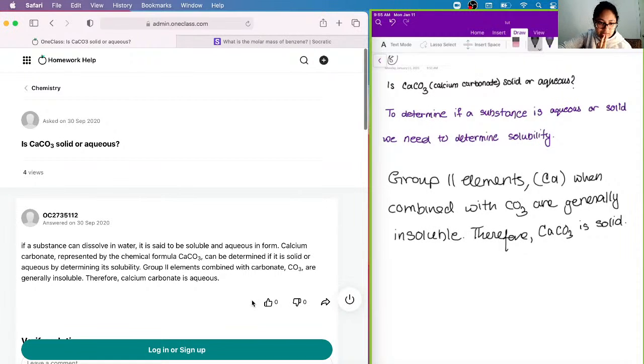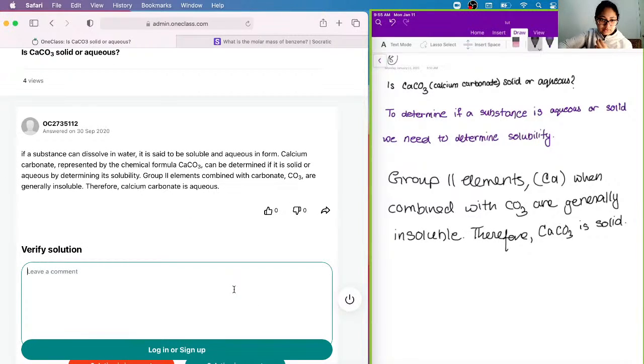Okay, so the answer is that calcium carbonate is solid because it is insoluble in water.